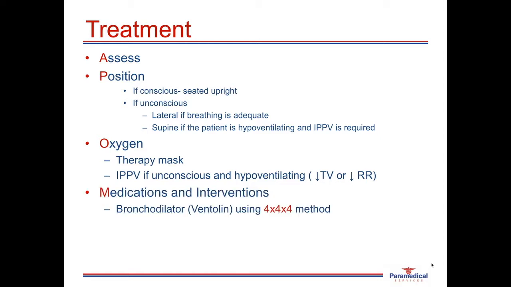So for medications and interventions, we can administer or assist in administering the patient's own bronchodilator or reliever, which is called Ventolin, and we'll do this using the 4x4x4 method, which I'll show you on the next slide. And then we need to monitor the patient's condition, so constantly monitoring their level of consciousness and their vital signs, looking for any improvement or deterioration of their condition.